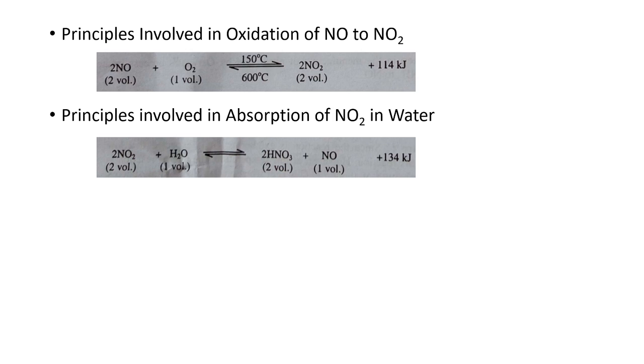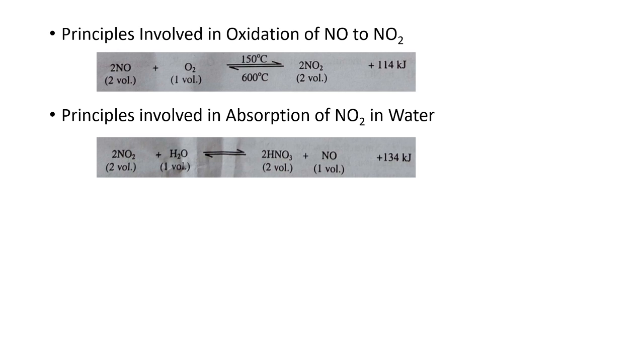Water is in the liquid form and NO2 is in the gaseous form. So when you bubble this gas in water, you have to let that gas get absorbed in water. So this is a slow process. This absorption will take place slowly, so more space is required.